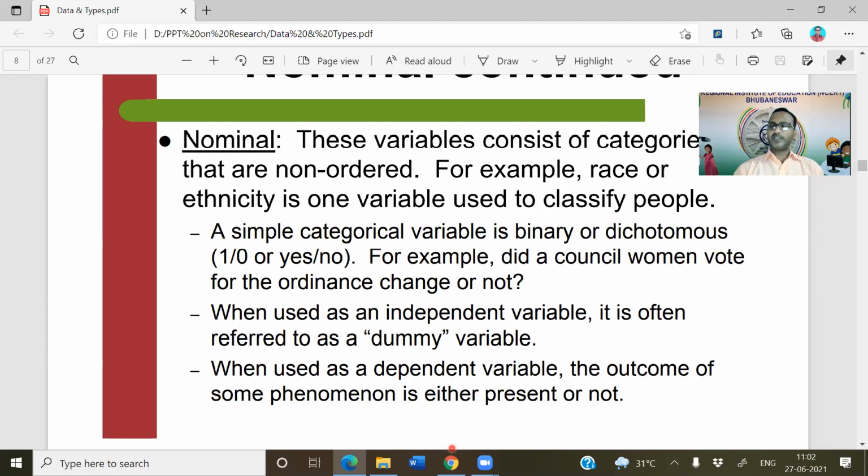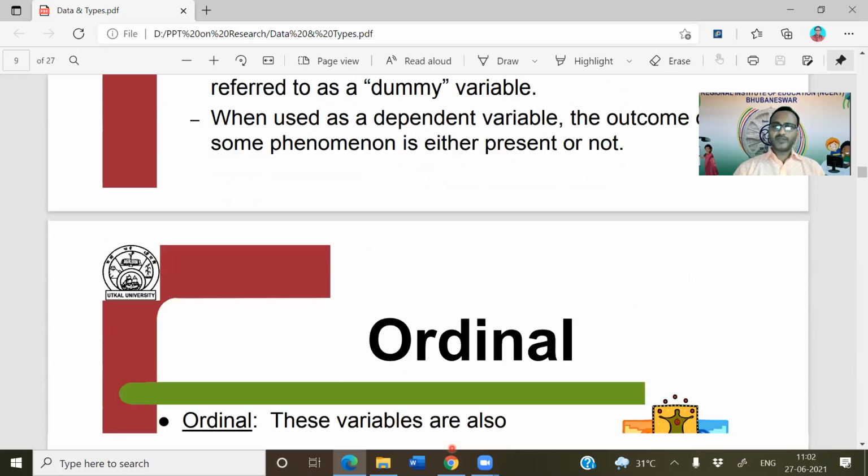If you calculate the mode, you can find out whether males are more or females are more. So only mode can be calculated, but you cannot make any kind of arithmetic calculation. Addition, subtraction, multiplication, nothing is possible, because the data that you collect indicates only the identification value.